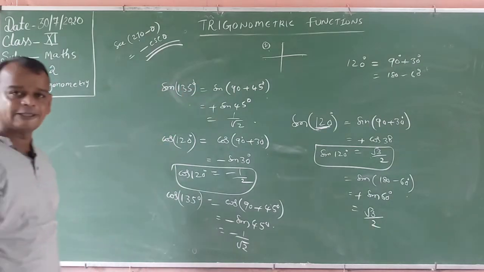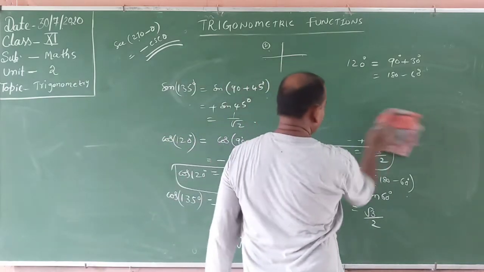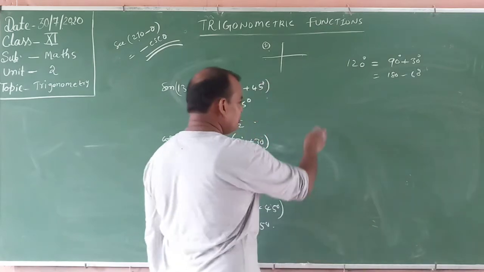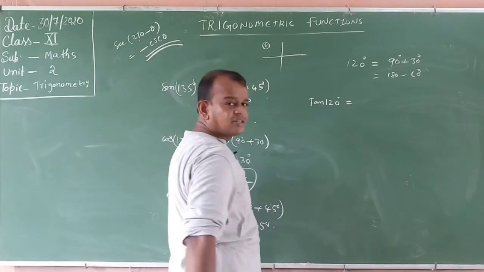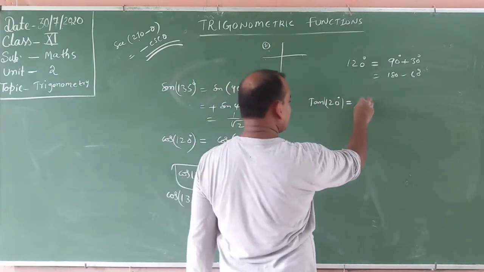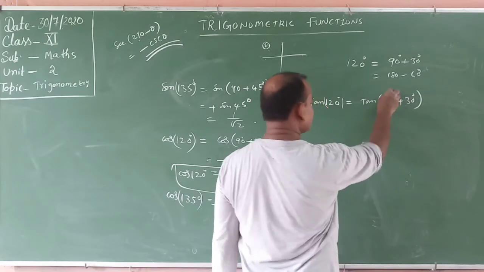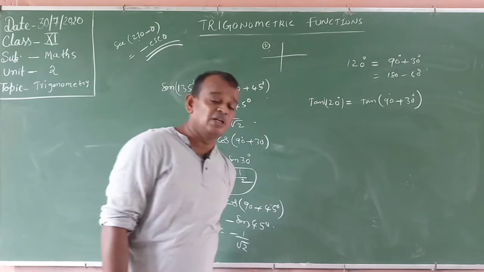Don't neglect that one. For supposing, from the examination point of view, tan 120 is asked. Same way we will find. Tan 120 is tan of 90 plus 30 degrees. Every trigonometric ratio you write as either the sum or difference of the quadrant angles only.